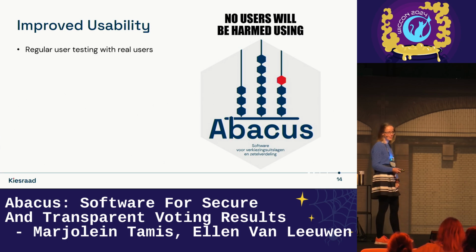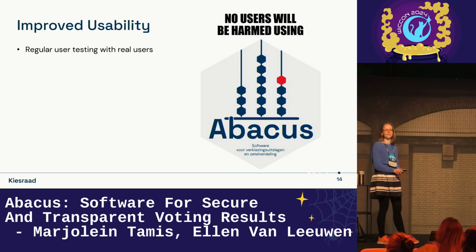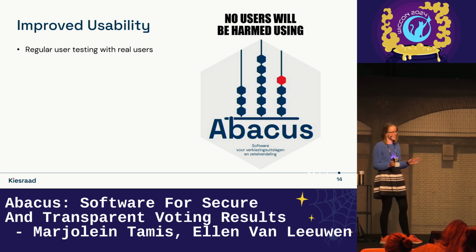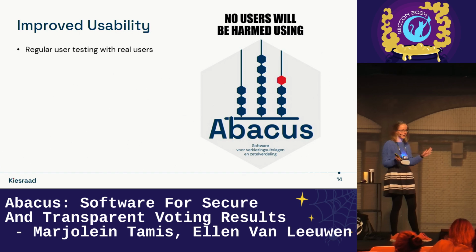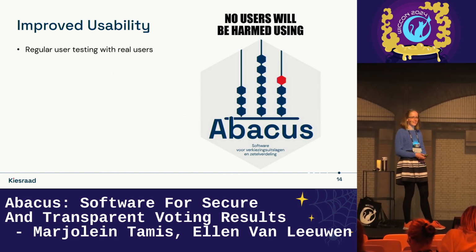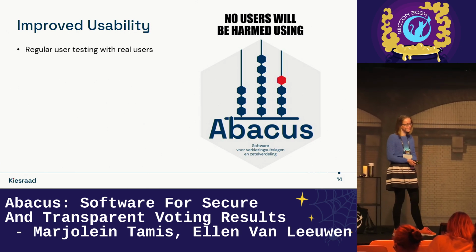So let's start with regular user testing with real users, because there are a lot of software projects that start doing this at the end when they finish building it, and then it turns out it's not at all what it's supposed to do. It doesn't do what the users actually need and want. So actually last Friday we did our first real user test in a lab with 6 volunteers, and we already got a nice list of points that we can improve from that.